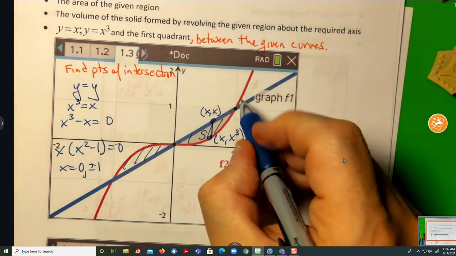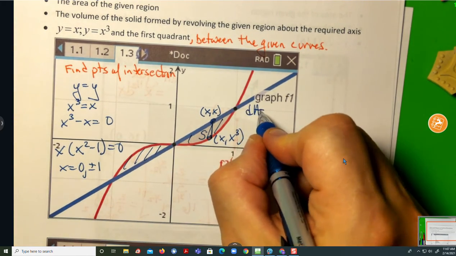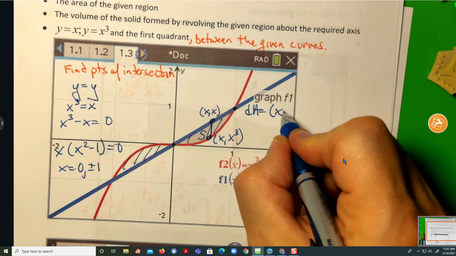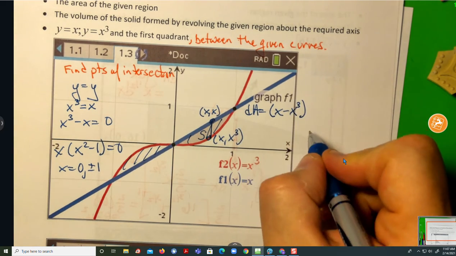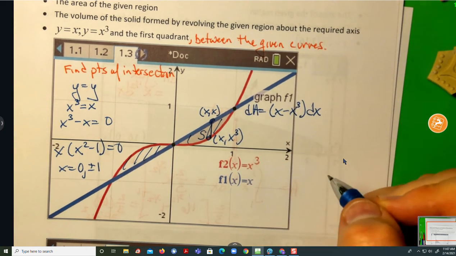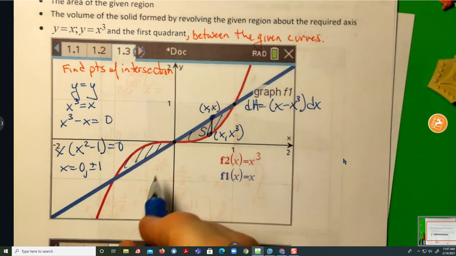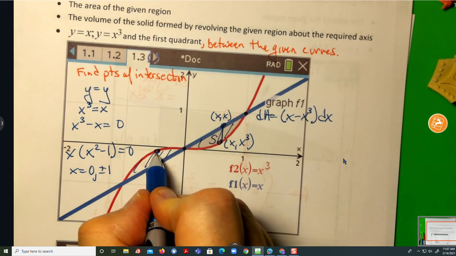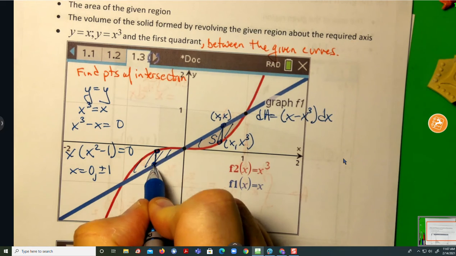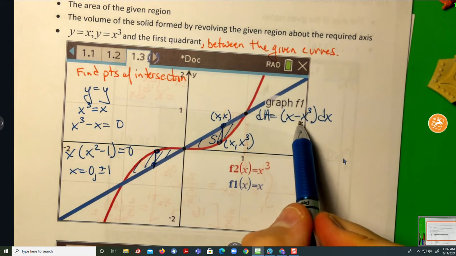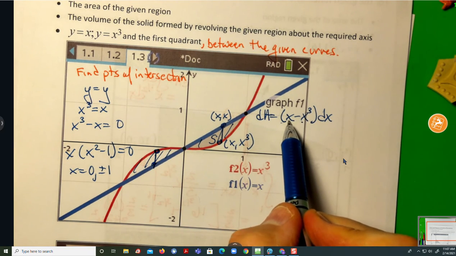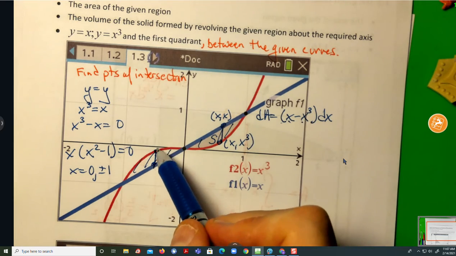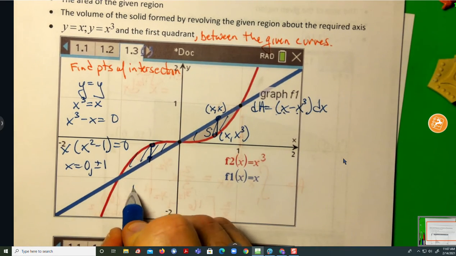So my height here, my dA, so to speak, is my top function minus my bottom function times the width. Now, if I was to deal with this one here and find it, notice it would be x cubed minus x, and that would force this height to be positive. But let's stay focused on the task at hand.